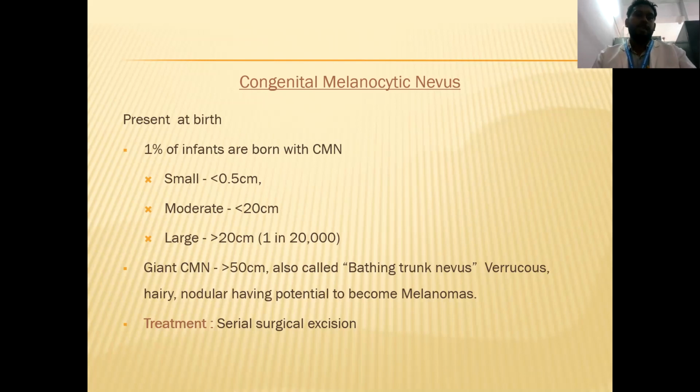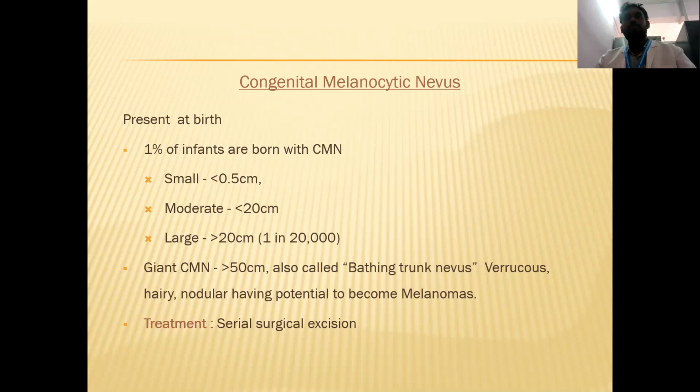Giant congenital melanocytic nevus, on the other hand, is when the size of the congenital melanocytic nevus is more than 50 centimeter. So it is also known as bathing trunk nevus. It will present with a verrucous, hairy, nodular lesion having potential to become melanoma at a later age.